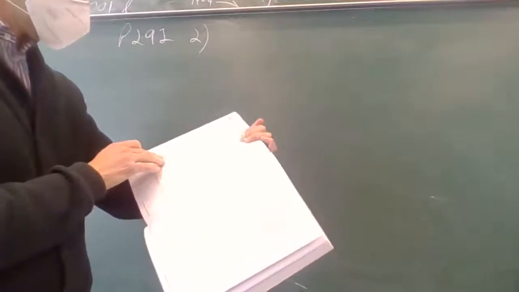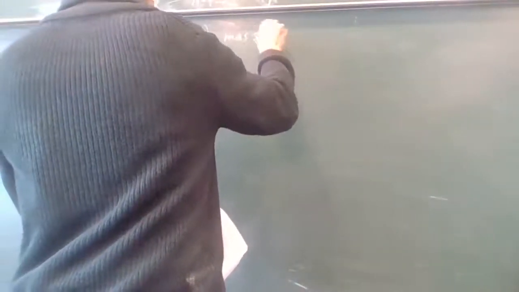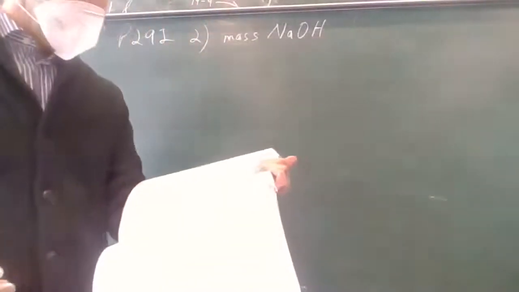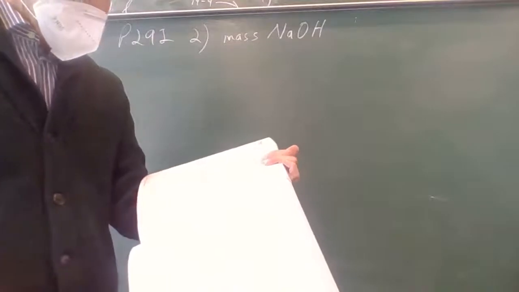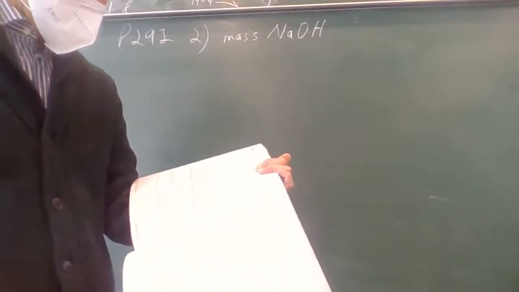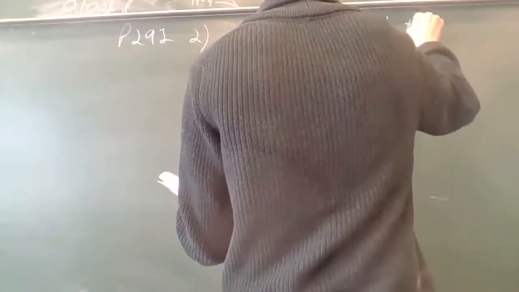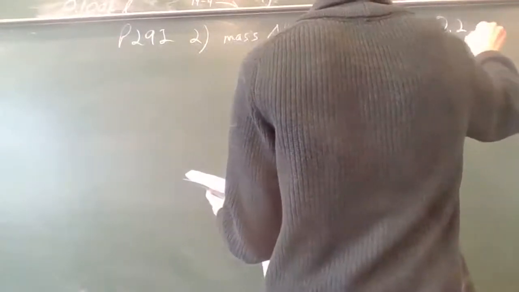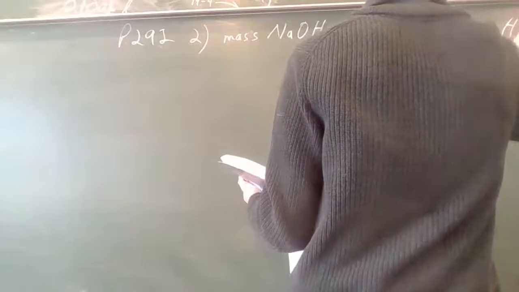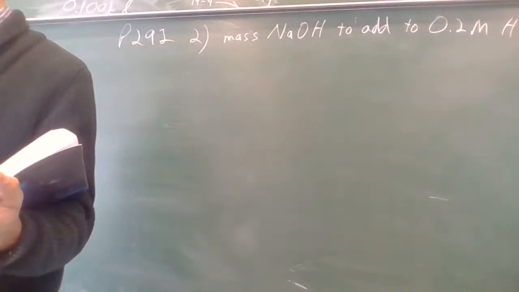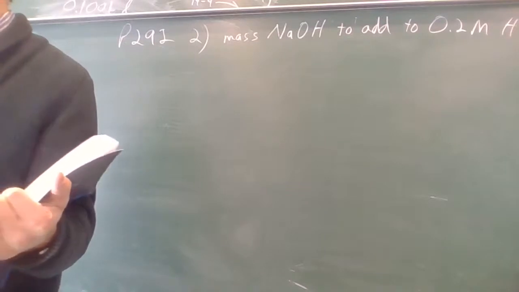It says calculate the mass of NaOH that must be added to 500 milliliters of 0.2 molar HI. HI was a acid, Penelope?